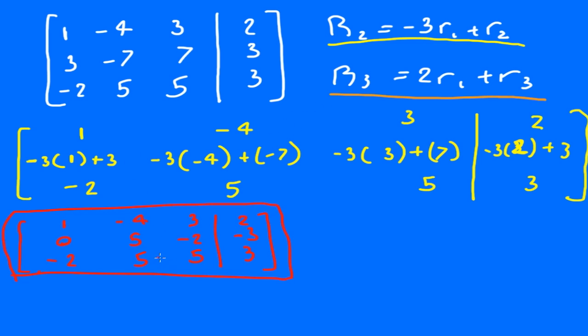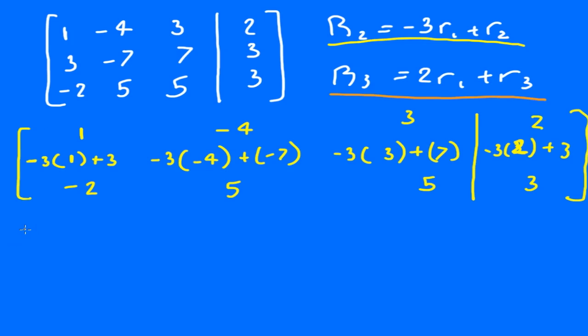Oh no, we're going to use the first one. Oh yes, my bad. That was the answer for the first row operation. Now let's do the other row operation for row 3.